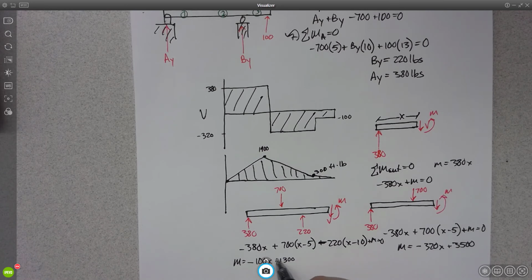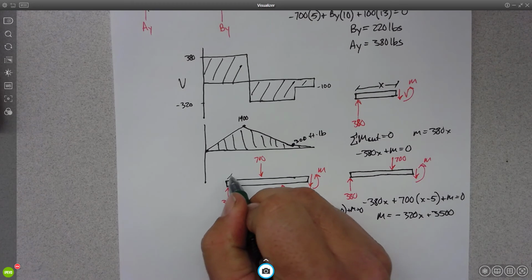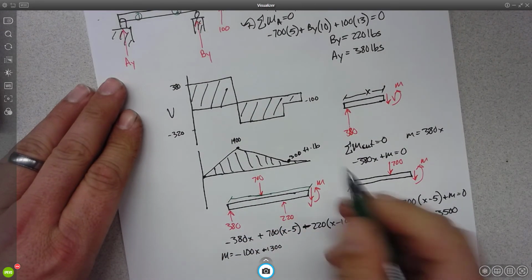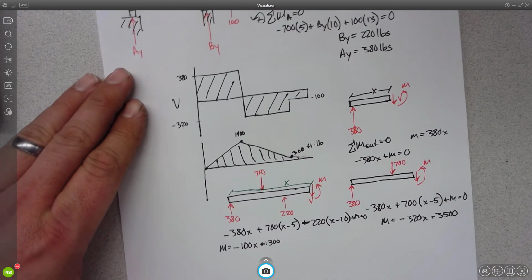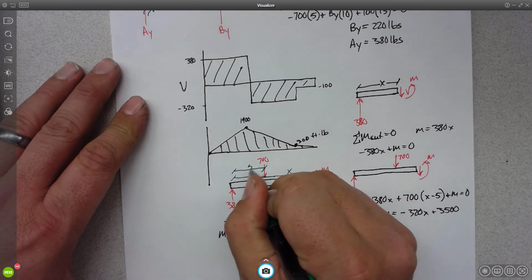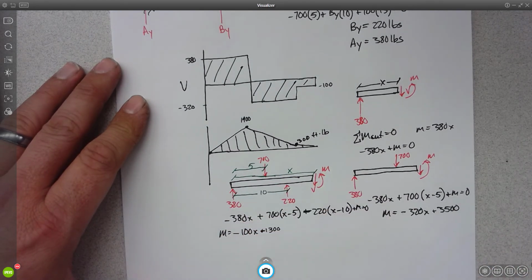Can you explain visually why you would add the minus 5 and the minus 10? Yeah, so the question is, can I explain visually why the minus 5 and the minus 10? I sure can. We know that this distance is x, it's our unknown. We know that this distance is 5 and that this distance is 10.